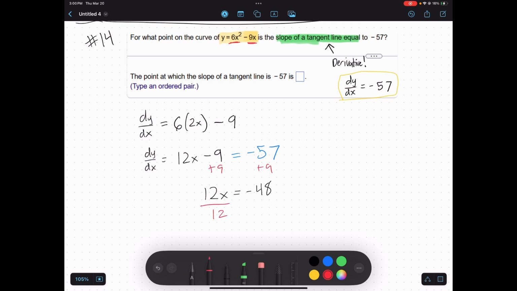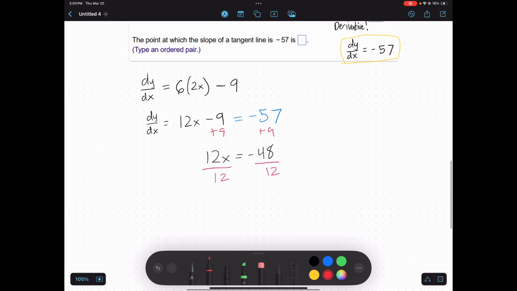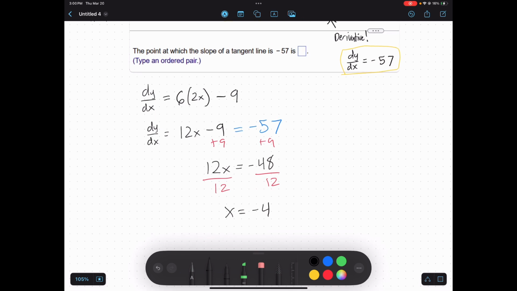I can divide by 12. And I get x equals negative 4. And there we go. There's my x value for where the slope of the tangent line is negative 57, where the derivative is negative 57. So there's my x value, x is equal to negative 4.